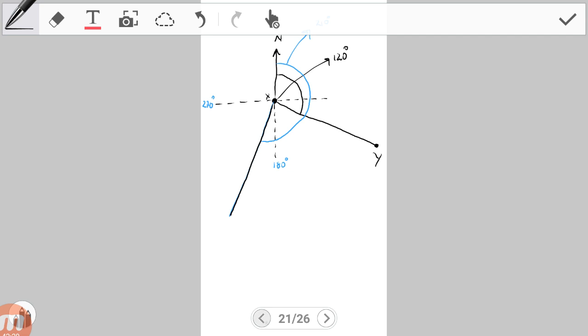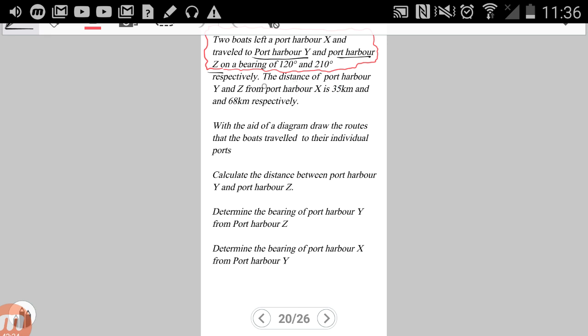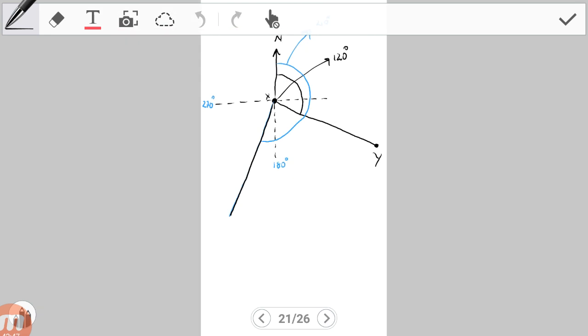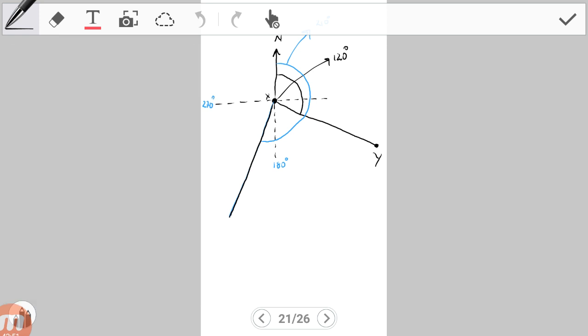Now, I'm not sure. Let me go back and read the question to see if they gave us some distances, to see if it's drawn realistically. So the distance of harbor Y and Z. Y is first, Z second: Y is 35, Z is 68. Therefore, this line would have been a little longer, so let's make it a tad longer.